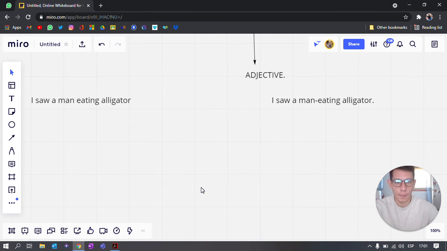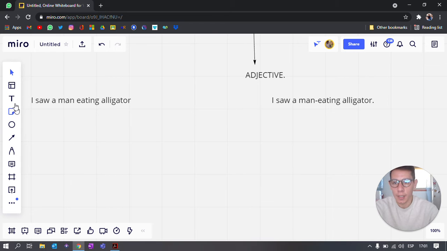Well, let me tell you that these two sentences have changed a lot about the meaning of it. The second sentence actually contains what we call a compound adjective, similar to saying four-legged animal.